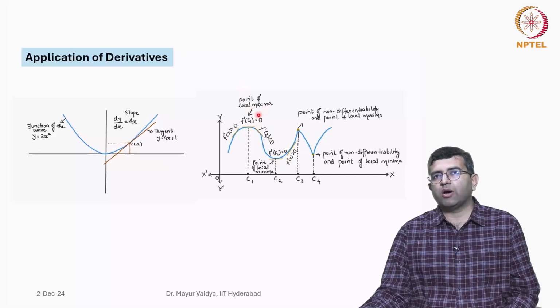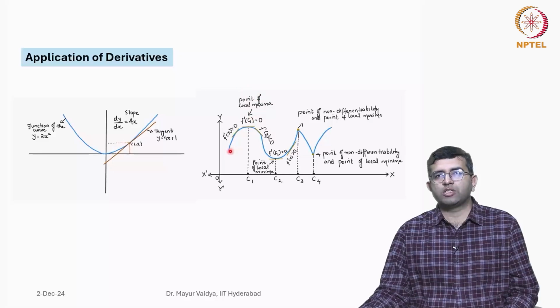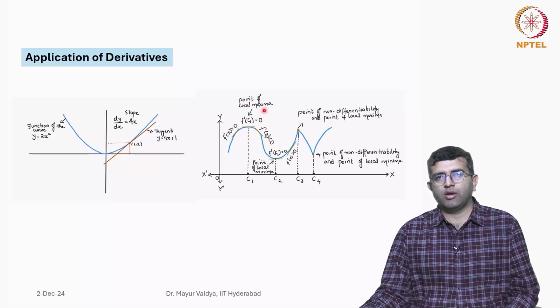But why we have marked them as a point of maxima here is because the condition is that f dash of x is greater than 0 just before C1, and it is less than 0 just after C1. So, when f dash x goes from greater than 0 to less than 0, then we say that it is a point of local maxima.